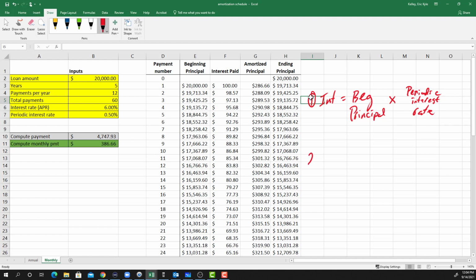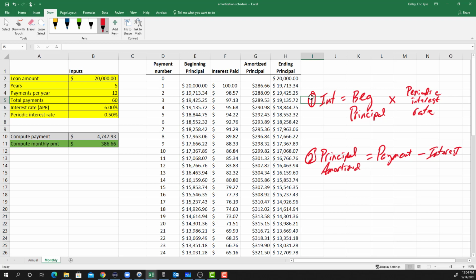And then the second thing to remember is that since the interest and amortized principal always sum to the payment, then we can always calculate the principal that's amortized as the total payment minus the interest component.